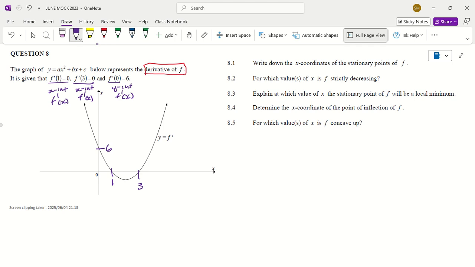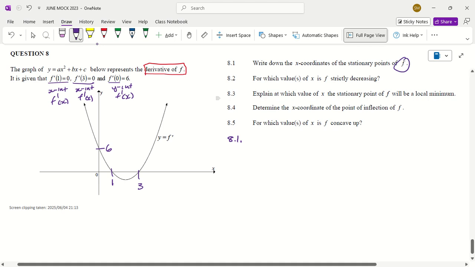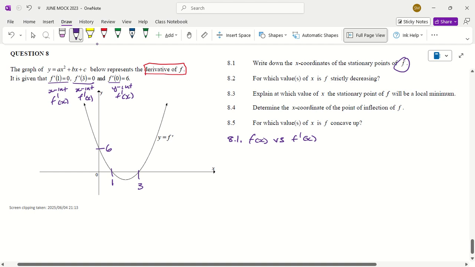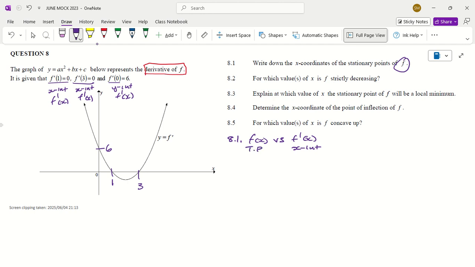So now let's look at 8.1. 8.1 says write down the x coordinate of the stationary points of f. Now if we're looking at x versus the derivative of f of x, what we call the x-intercepts of the derivative will be the turning points of the actual function.